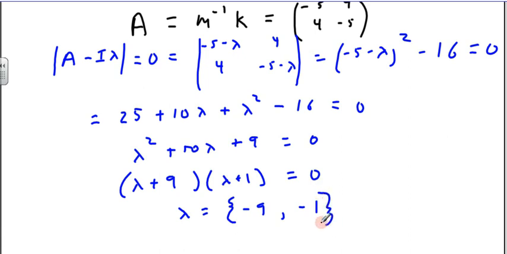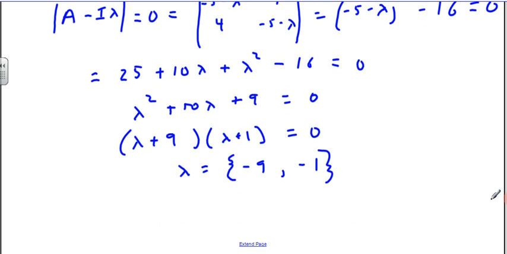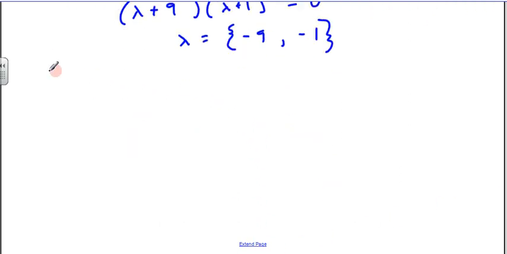All right, so we'll use minus 1 first. So now we're going to look for eigenvectors. Case 1, lambda 1 is equal to minus 1.